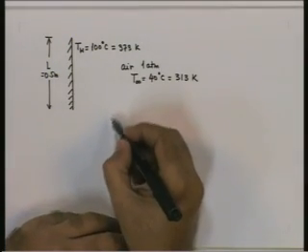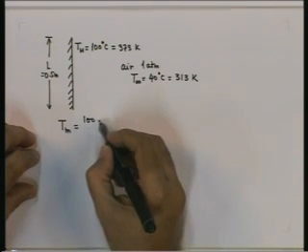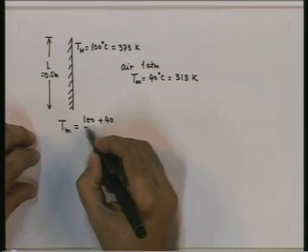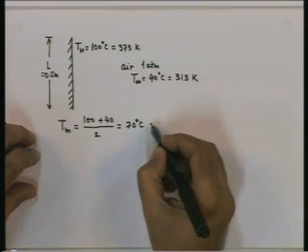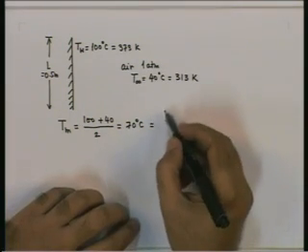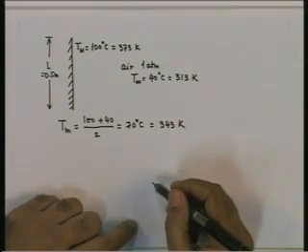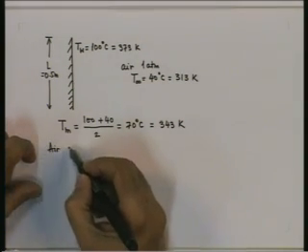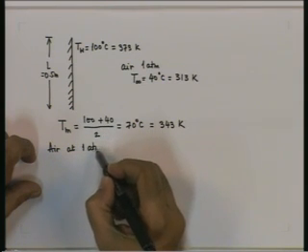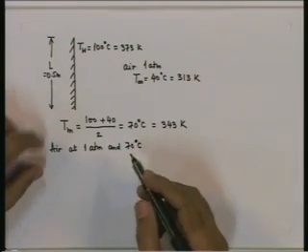The mean film temperature here, Tm, is wall temperature plus fluid temperature divided by 2, which is 70 degrees C, which turns out to be 343 K. So, for air at 1 atmosphere and 70 degrees C, we will now read off from a table the properties.